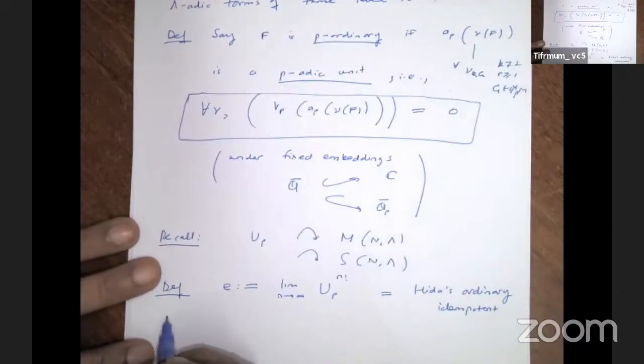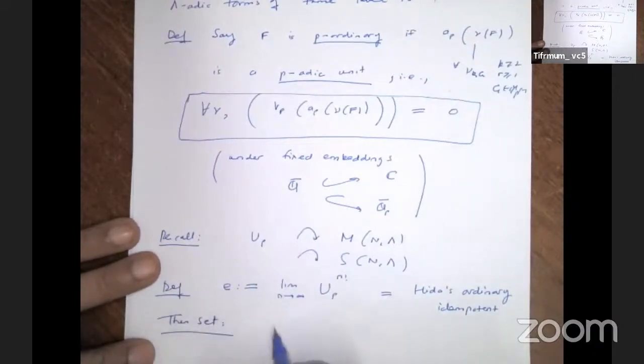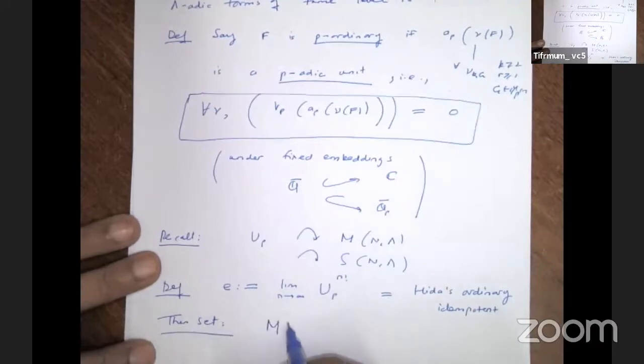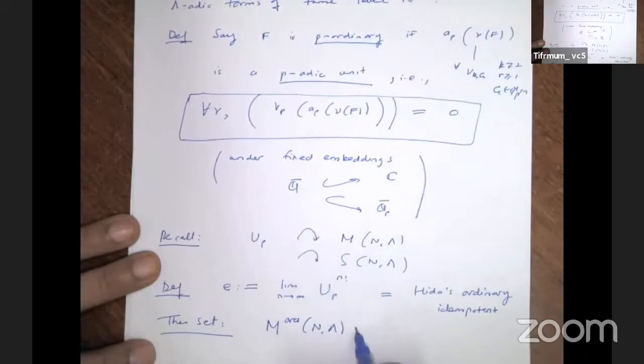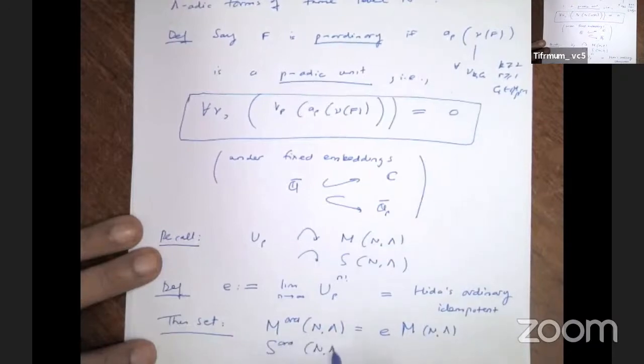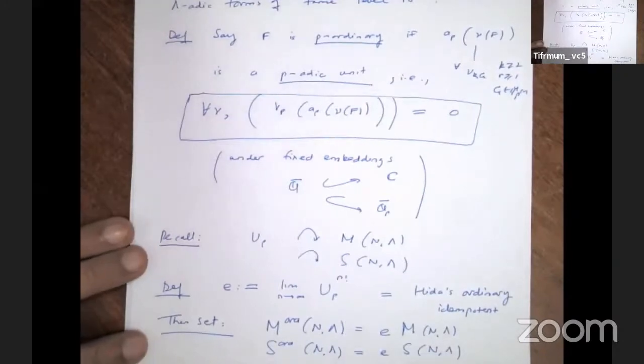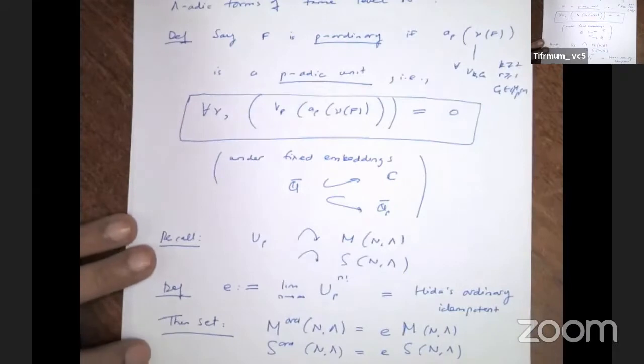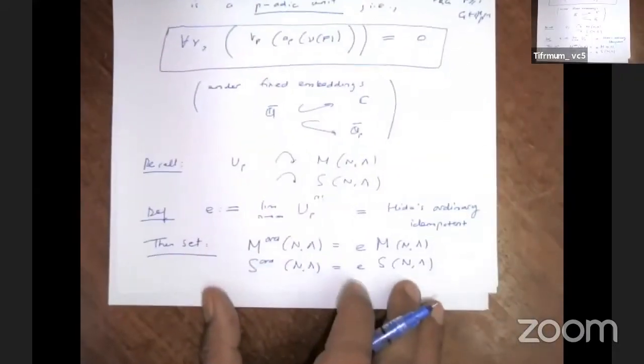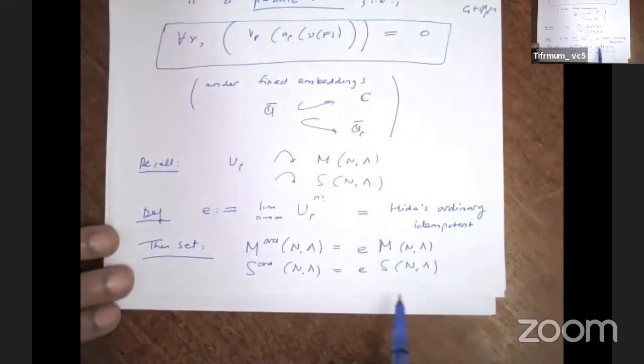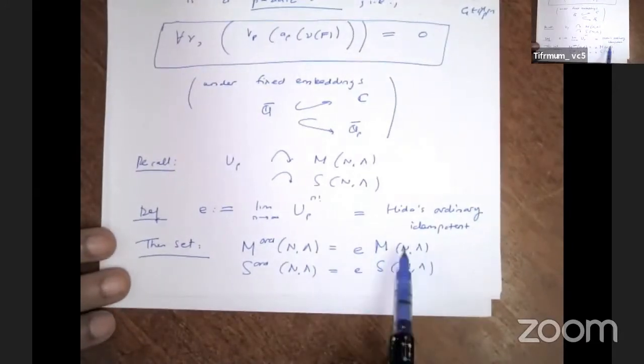Okay, so then set, this is the definition, M ordinary of n, lambda to be operator E acting on the space of lambda-adic forms, and S ordinary of n, lambda to be the operator E acting on the space of lambda-adic cusp forms. Okay. These spaces here, it's not so obvious right now, but they are exactly going to be the p-ordinary lambda-adic forms.